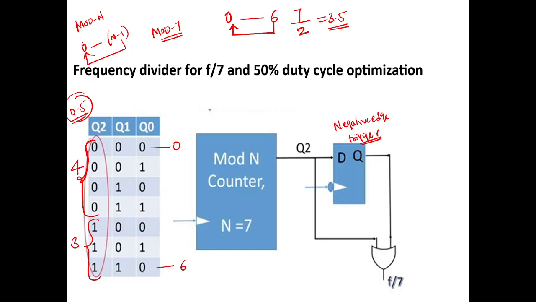When you connect this one, it will alter the output by 0.5 clock cycles, so that you are getting a 50% duty cycle. So duty cycle equals 3.5 divided by (3.5 plus 3.5), into 100. So 1 by 2 into 100, you are getting 50% duty cycle. This is about the frequency divider F by 7.